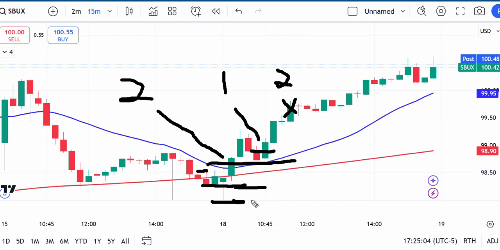So at this point, we would rotate our stop up to here. This is our new break-even point right here. And guess what? We have a free trade. Not only have we taken profit here, but we still have 1 unit left.